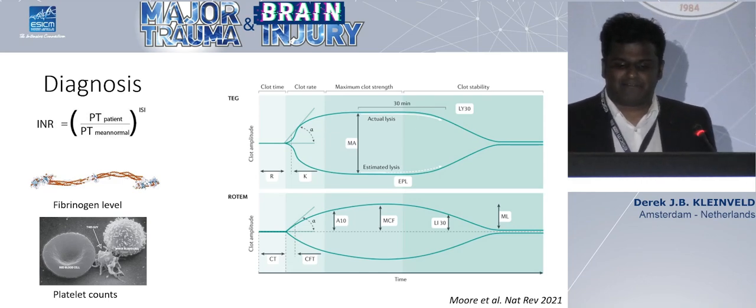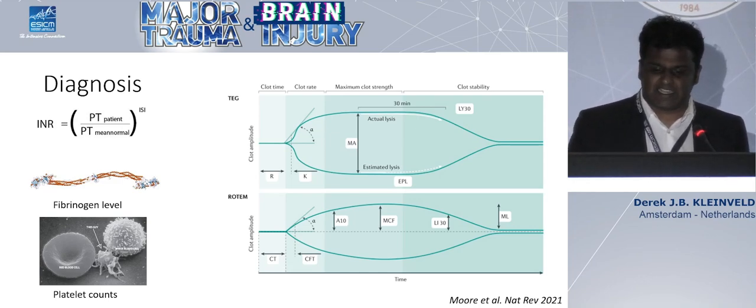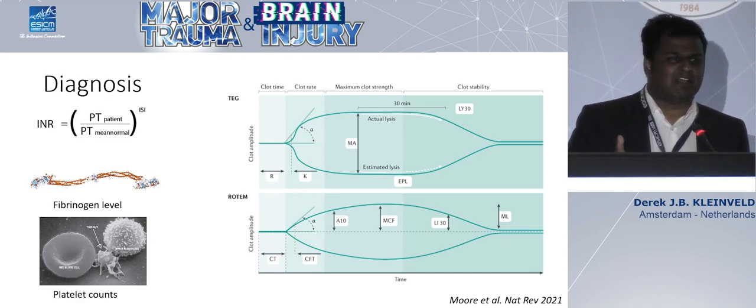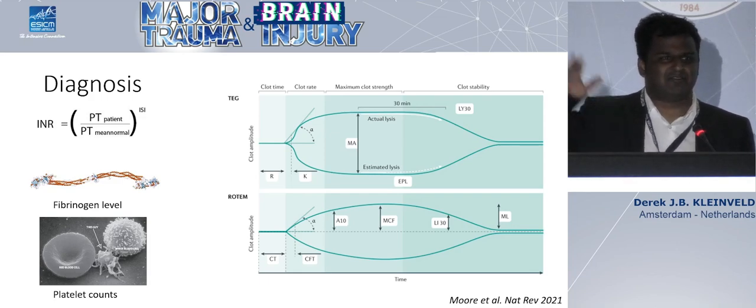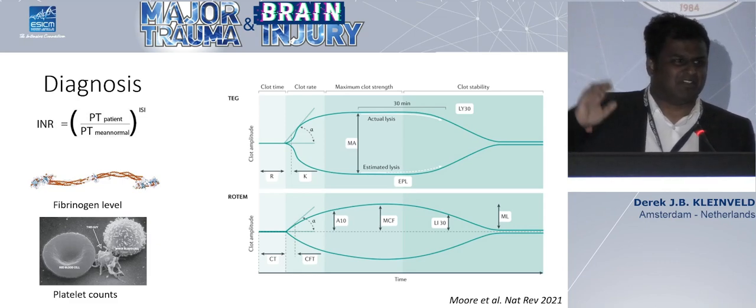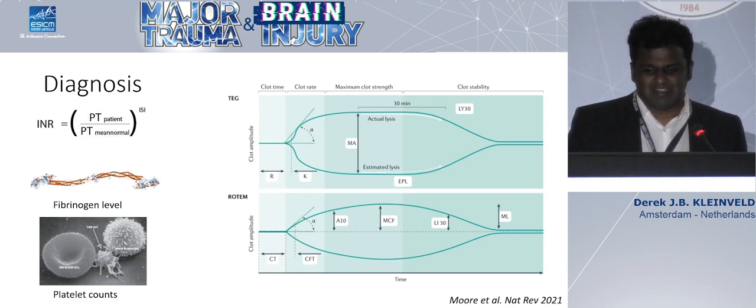We also have viscoelastic hemostatic assays, such as your TEG and your ROTEM. Can I ask who is using TEG or ROTEM to guide their transfusion strategy? Raise your hands. That's quite a low number. I will go to the data of those VHA-guided transfusion strategies a little bit later.